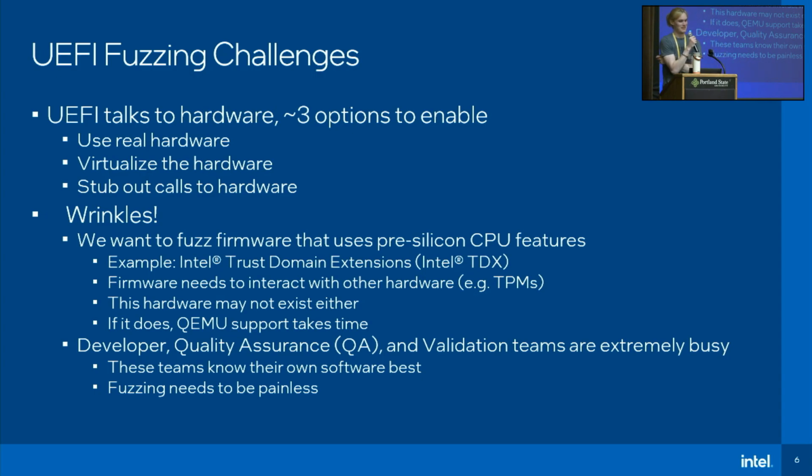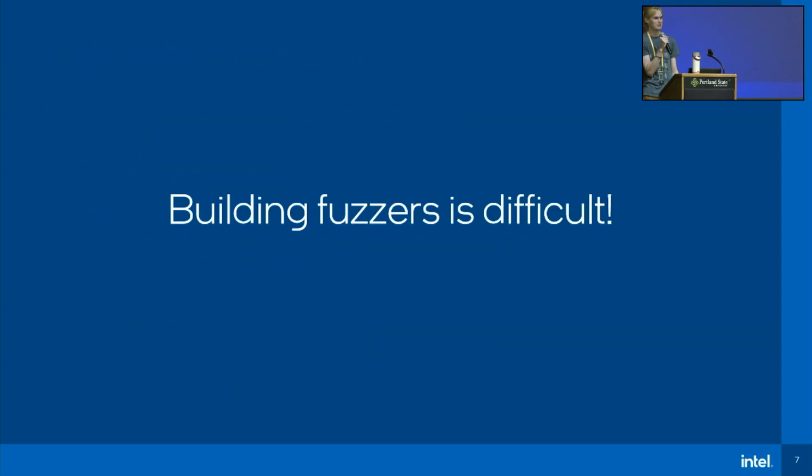It's just not going to happen. So developers don't have time, QA doesn't have time, validation doesn't have time, and the red team has some time, but there's only 5 of them. So what we need to do is make it possible for developers to fuzz stuff without doing any work.